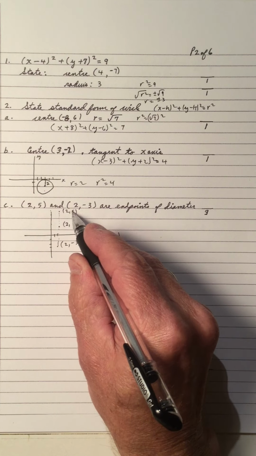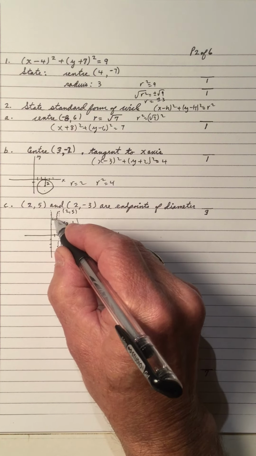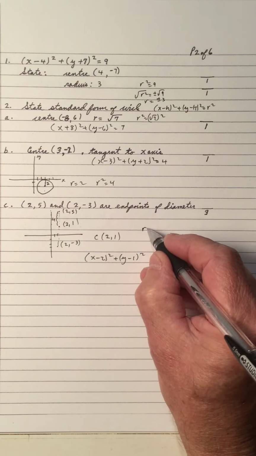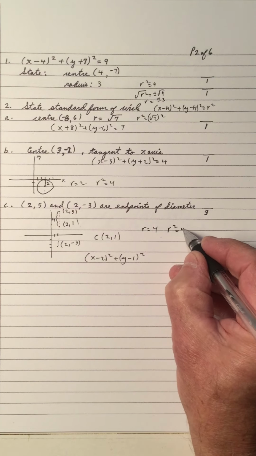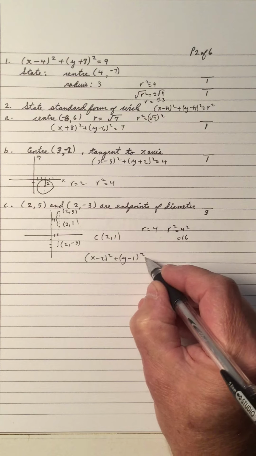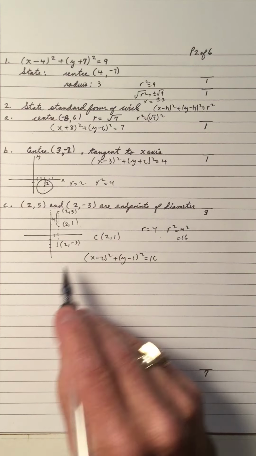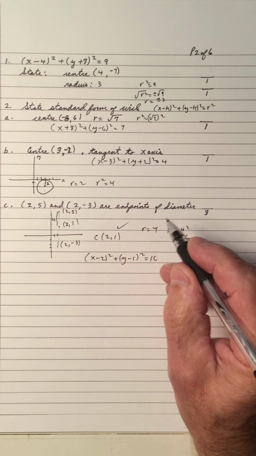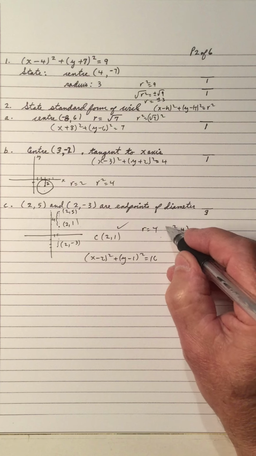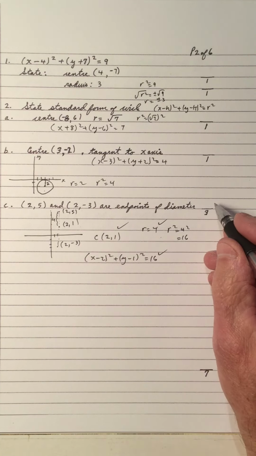We go up from 1 to 5, so that means that's a 4 there. So that means the radius is 4. So r squared is 4 squared, which is 16. So if you have the center correctly, give yourself a mark. If you have the radius, give yourself a mark. And if you have this equation, give yourself a mark, 3 altogether.